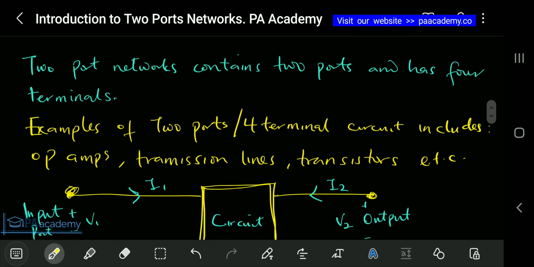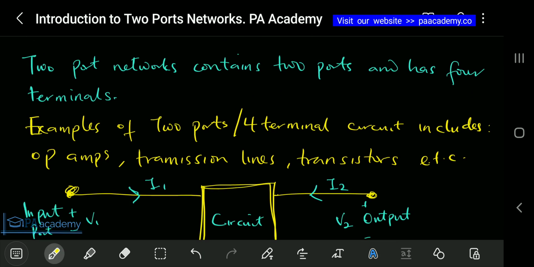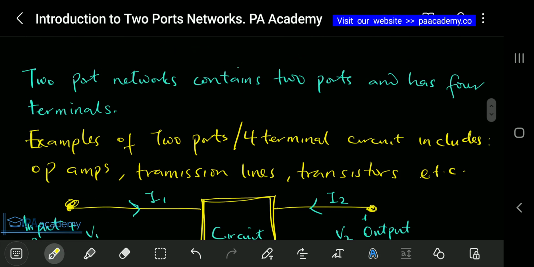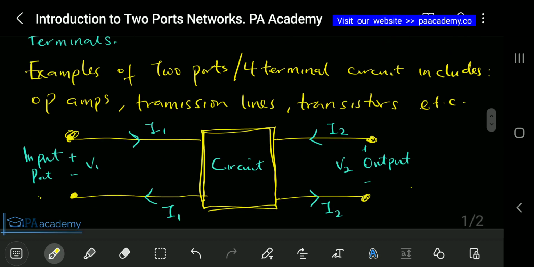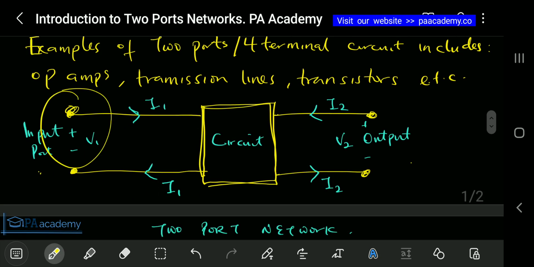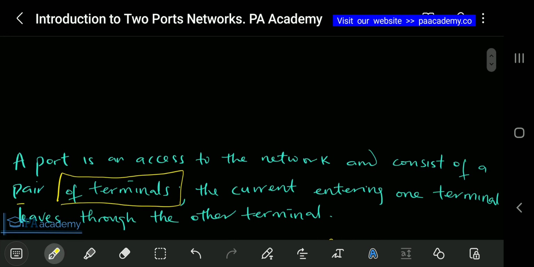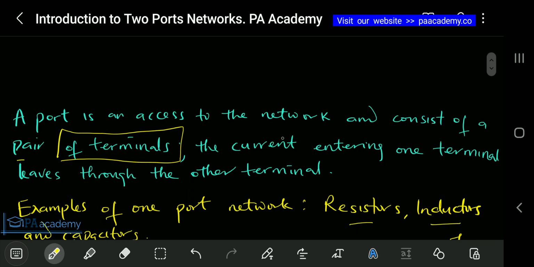And if you go back to the definition of a two-port network, we can see it says it contains two ports and has four terminals, like I said. So this is one port here, this is the second port. Exactly. And talking about terminals, this is one, two, three, and then four terminals. Then let's go back to the initial definition of what a port is. It says a port is an access to a network and consists of a pair of terminals.